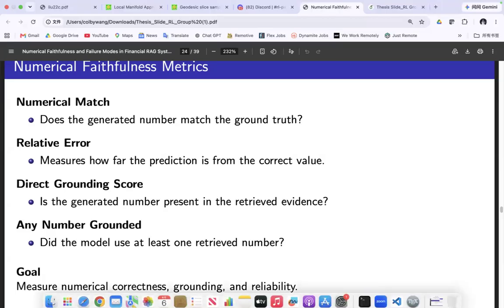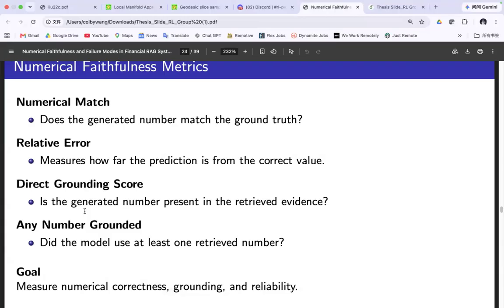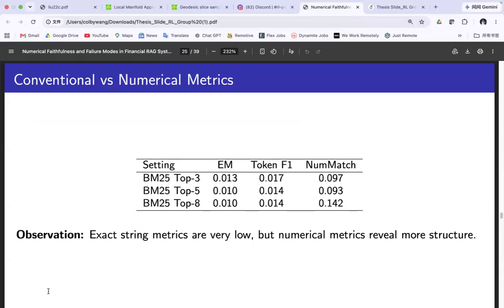Any number grounded means did the answer use at least one retrieved number, and if yes, this will return 1. The goal is to measure numerical correctness, grounding, and reliability in a very simple way. We see that the exact string metrics are pretty low, but numerical metrics could reveal a bit more structure.